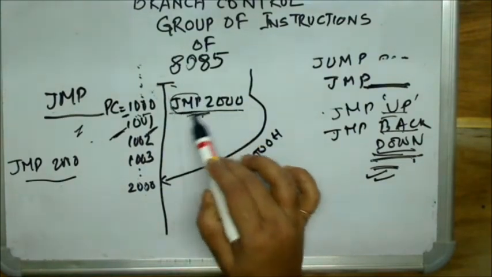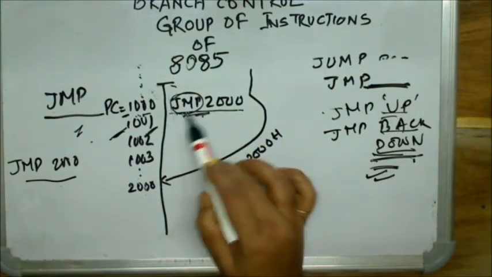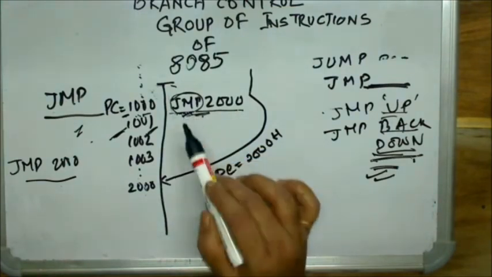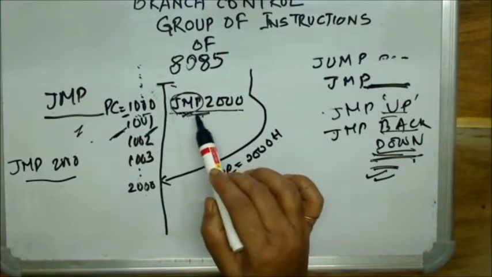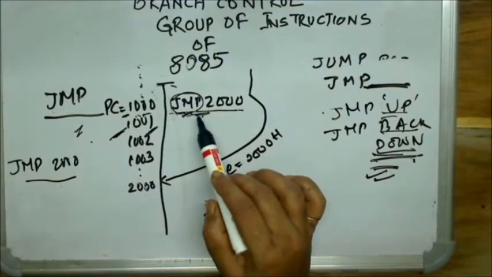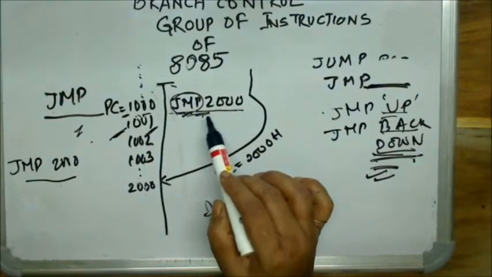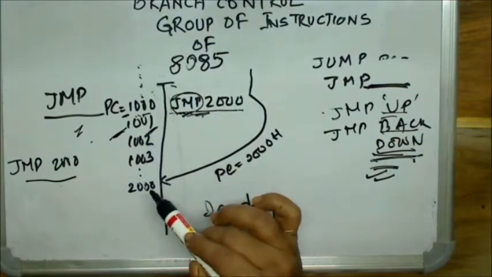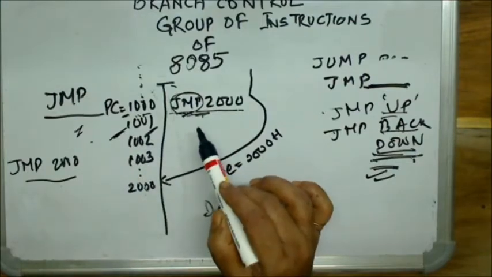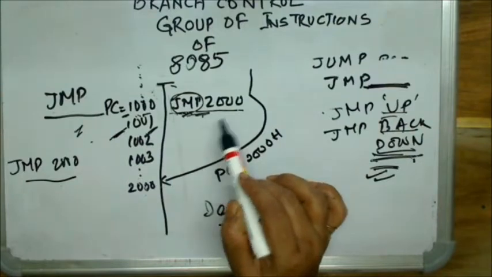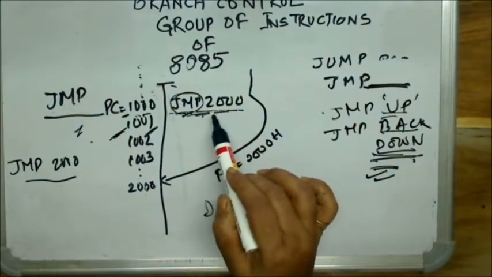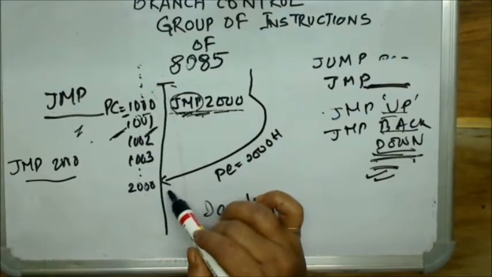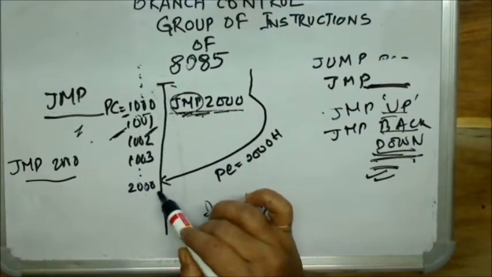That means your intention is no longer to go in a sequential manner. You want to go somewhere else. You have given the address 2000H, so you want your next instruction to be fetched from memory location 2000H.